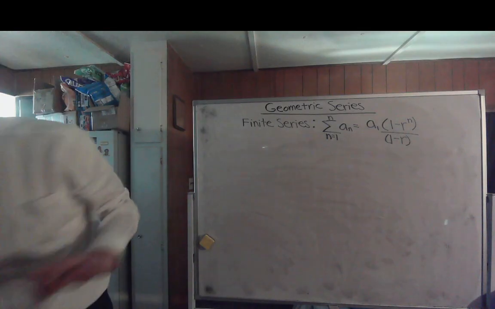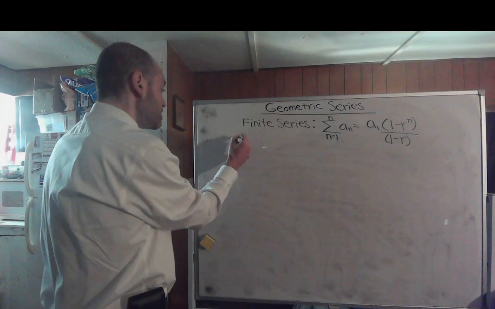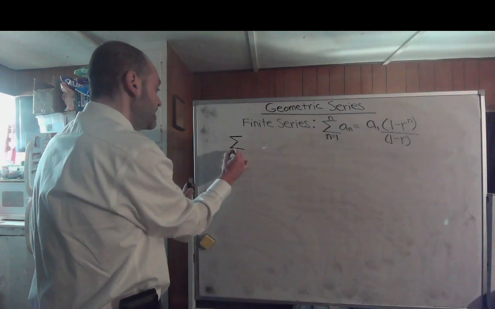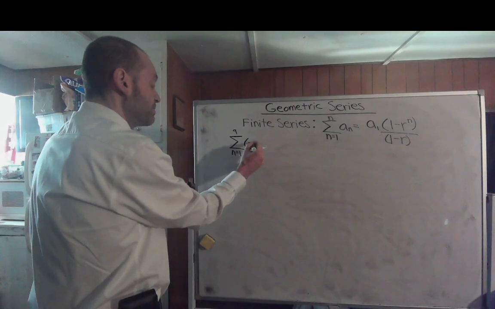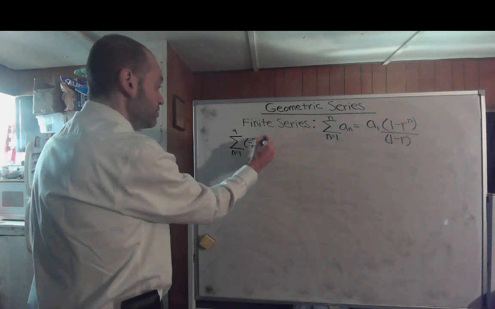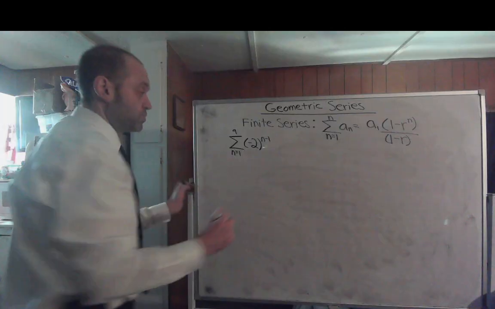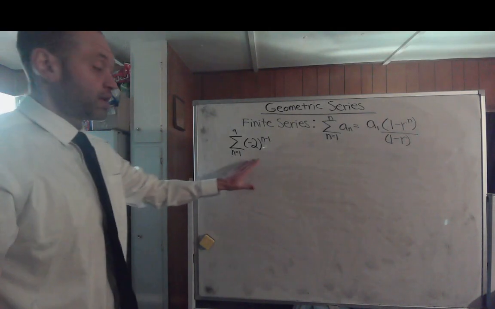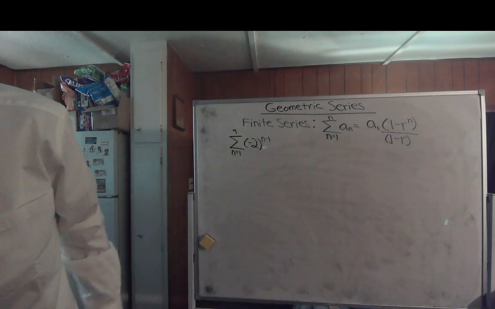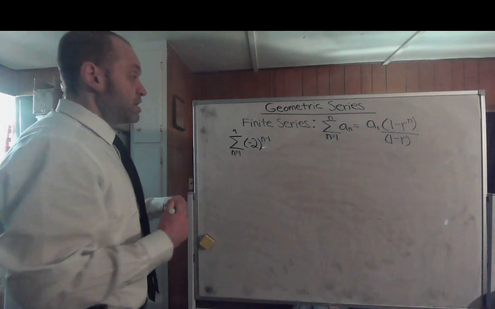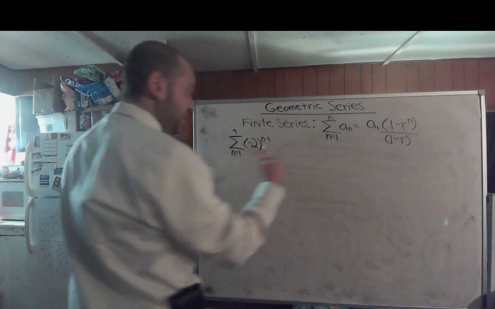Now, what if we change it a bit? We have n equals 1 to 9. This time my common ratio is negative 2, but to the n minus 1 power. We're going to have a common ratio of negative 2. So, we know the common ratio is negative 2, right?